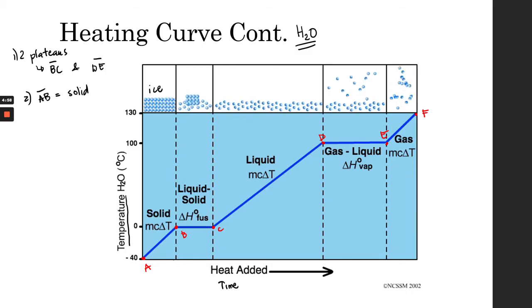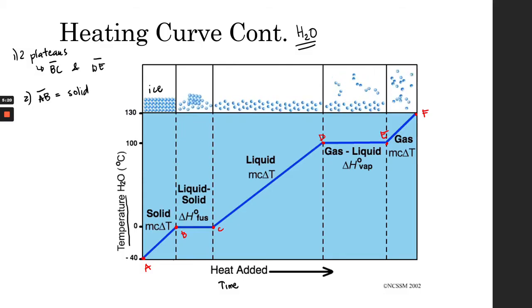The temperature is at negative 40 to 0 degrees Celsius. We know that at anything below 0 degrees Celsius, the state of water, or H2O, is ice. Depending on what substance you are looking at, this can be higher or lower.